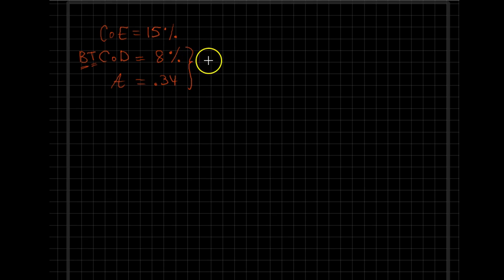Combining these, it should be pretty straightforward to figure out the after-tax cost of debt. It would be 8% times (1 minus 0.34), which comes out as 5.28% after-tax cost of debt.